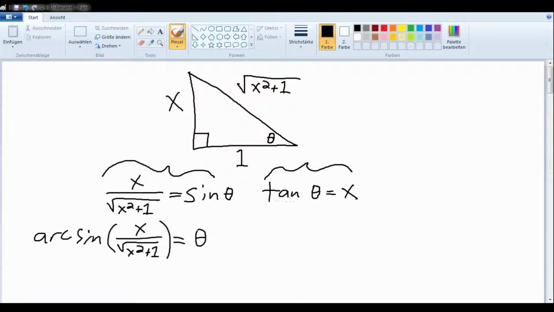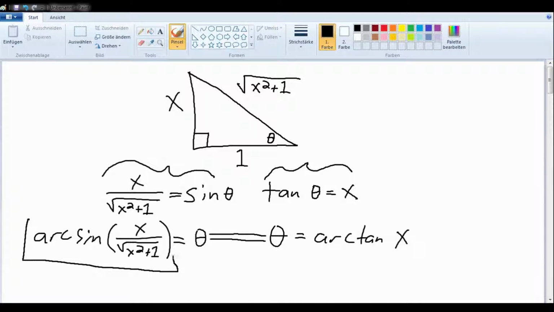Okay, so now I'll take the arctangent of both sides of this equation, and again, for the arctangent of tangent of theta, I would here just get theta. And here I have the arctangent of x. So we see that these two thetas are equal to each other, so we can pull our equal sign across there, and we get just what we wanted, that the arcsine of x over the square root of x squared plus 1 is equal to arctangent of x.